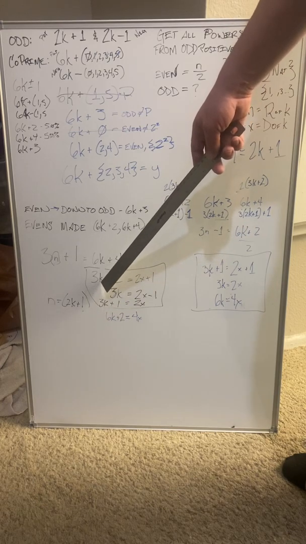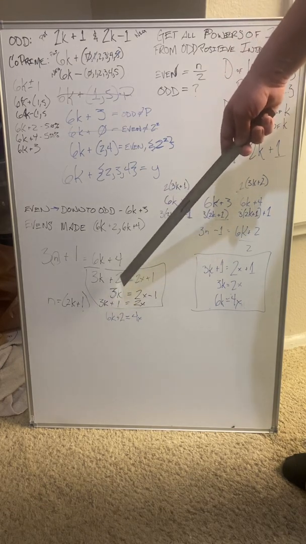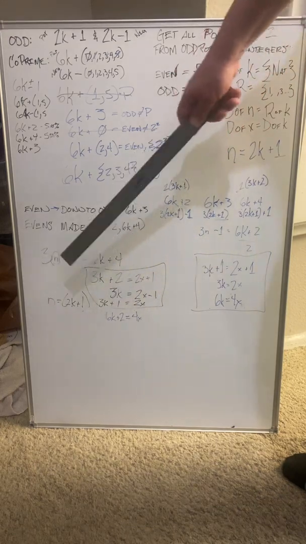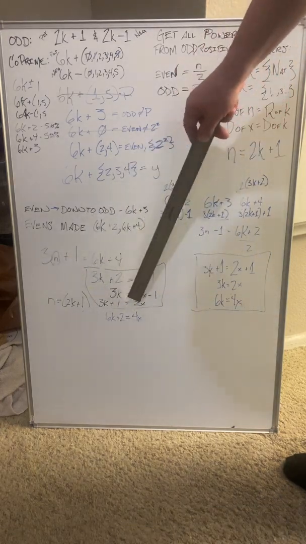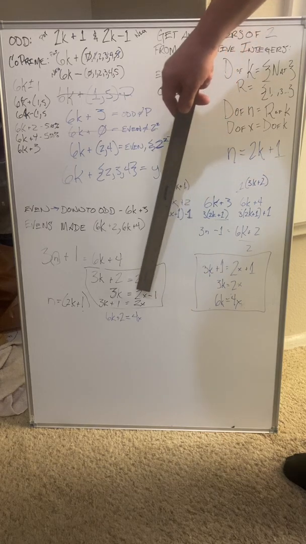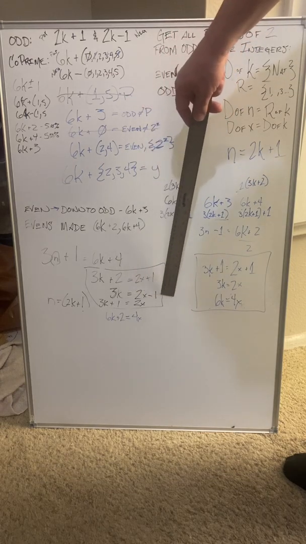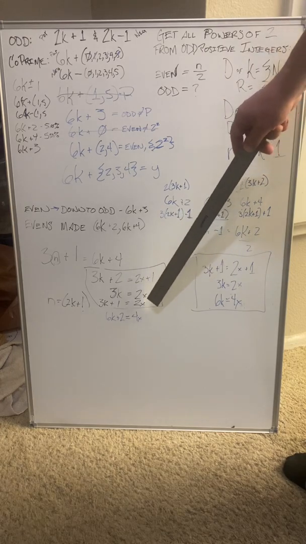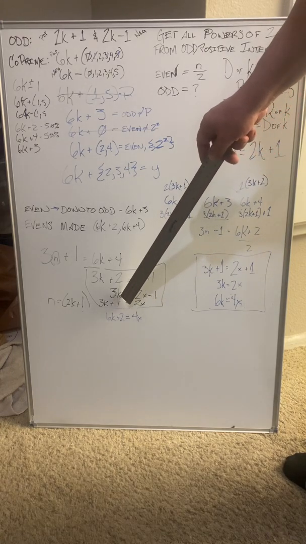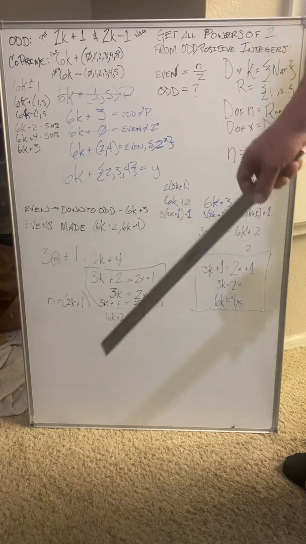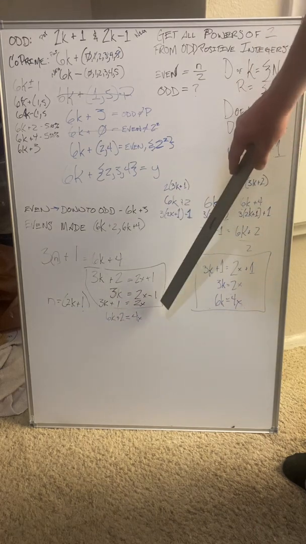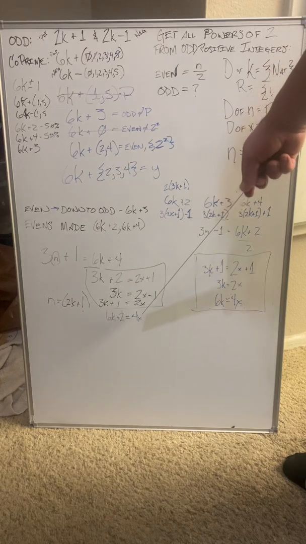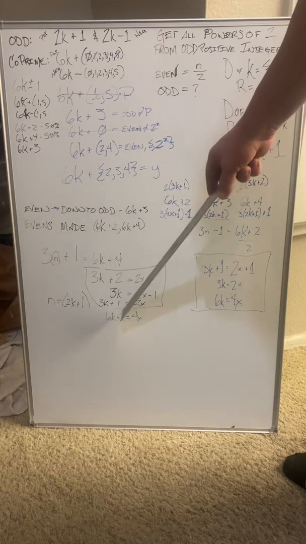3 times an even number is even, plus 2 is another even number. When k is odd, it maintains parity as well. Not only does it maintain parity, you get this 2x minus 1. You go back, that's a different odd, right? 3 times the original k, which would be an odd, makes this odd number, which can also be written as 3k plus 1 is 2x.